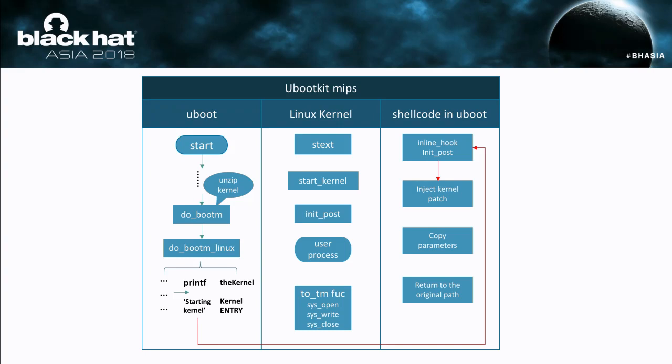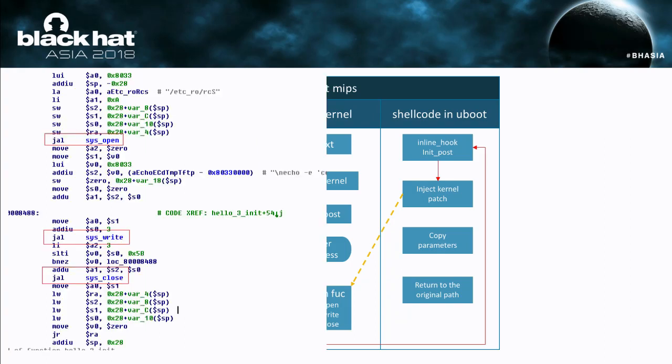The second is to inject the kernel patch. The kernel patch will be placed in a function named TOTM, since it is never called during the start process. This picture shows the modified TOTM function.